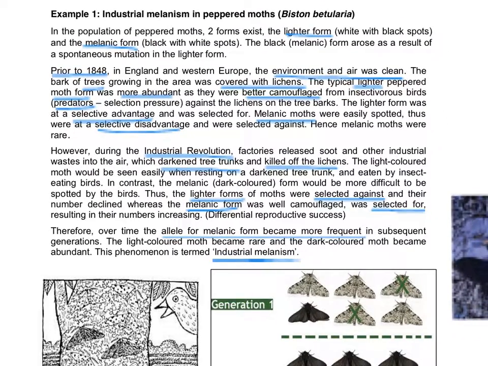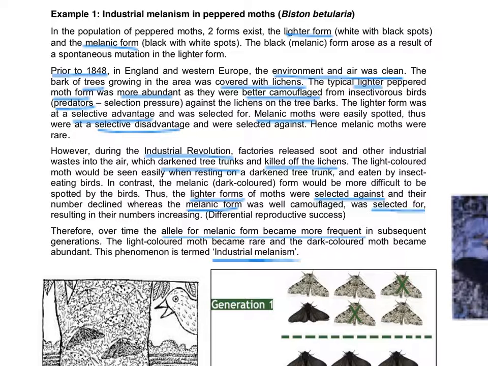As I already told you, there were already two forms, the lighter and the melanic form. And the melanic form was thought to have arisen from the lighter form due to a certain spontaneous mutation. Prior to the Industrial Revolution, the air was very clean, and the trees had a lot of lichens on them.